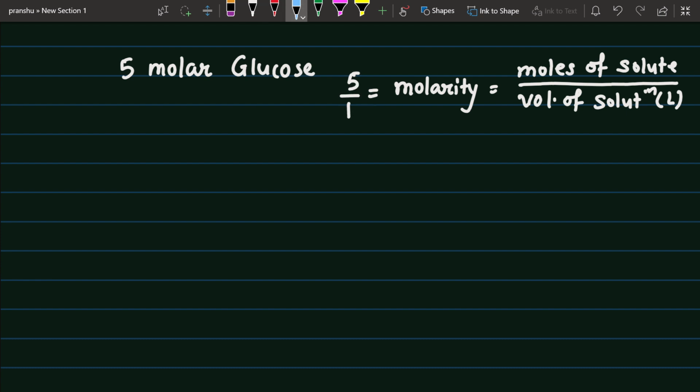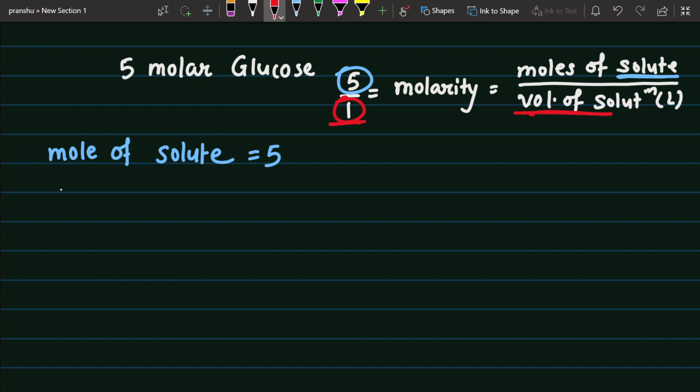By comparing the data, we can say that here the moles of solute is equal to 5, and the volume of solution is 1 liter, equal to 1000 ml.